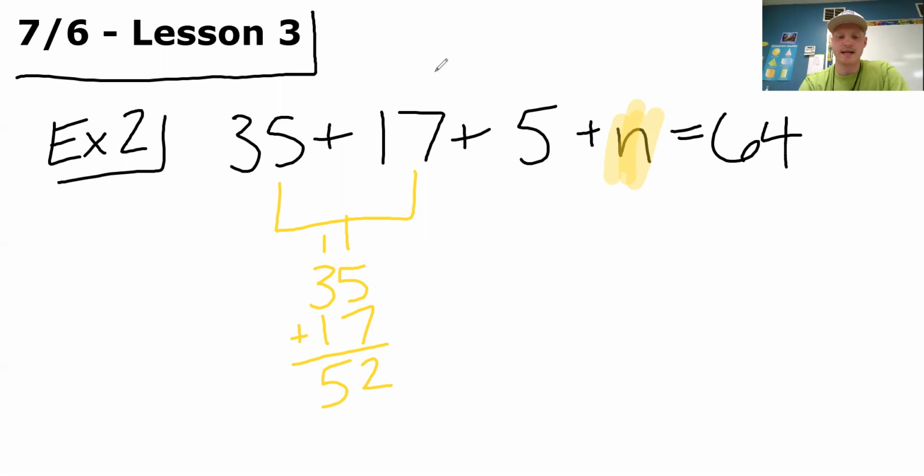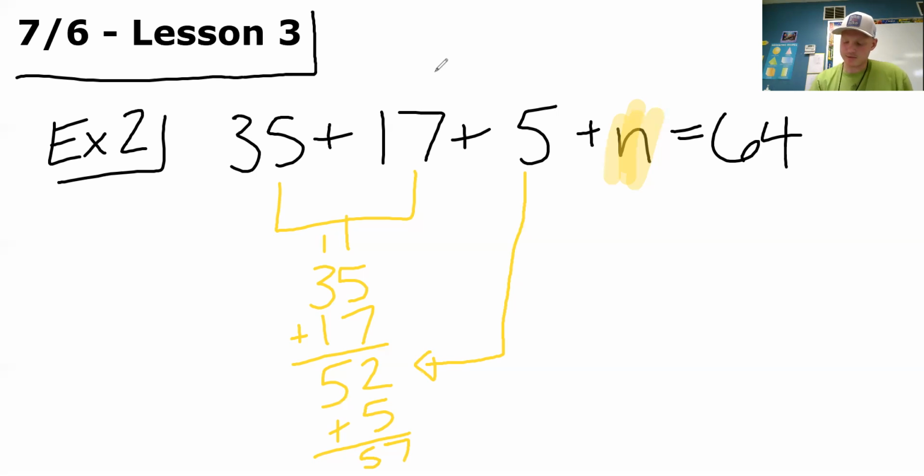Then I need to add this 5 right here. So 52 plus 5: 5 plus 2 is 7, bring down the 5, we have 57. Did I mess up somewhere?